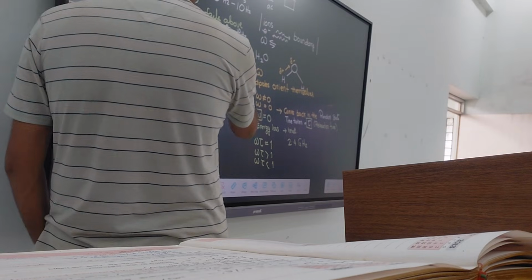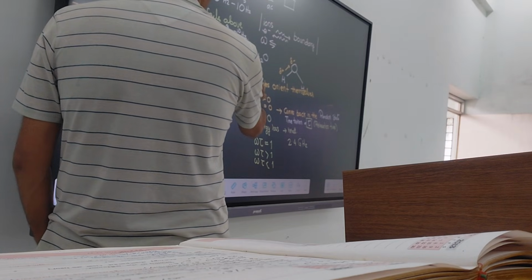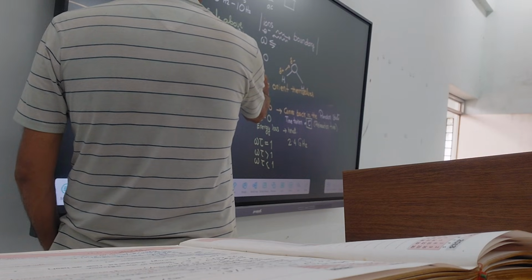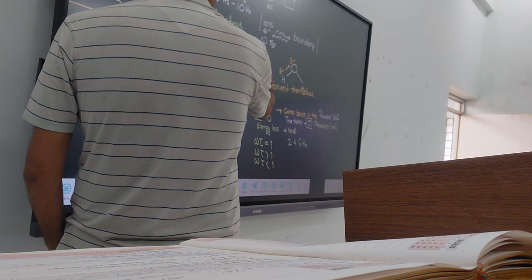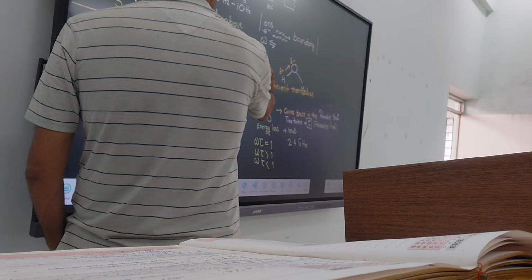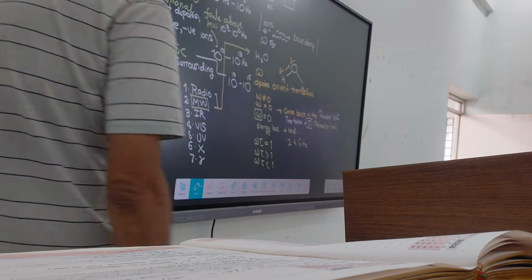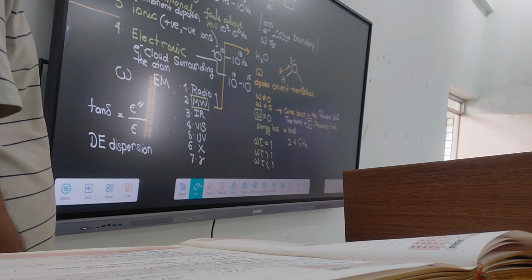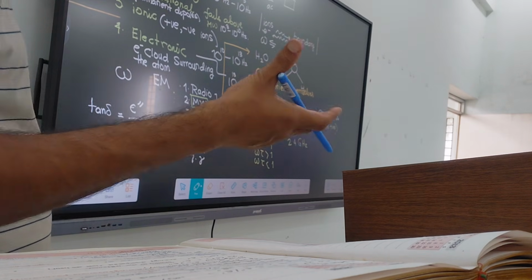This can actually be a very high range, 10 to the power 13 से 10 to the power. So हर एक स्टेप में there are some polarization loss is taking place.